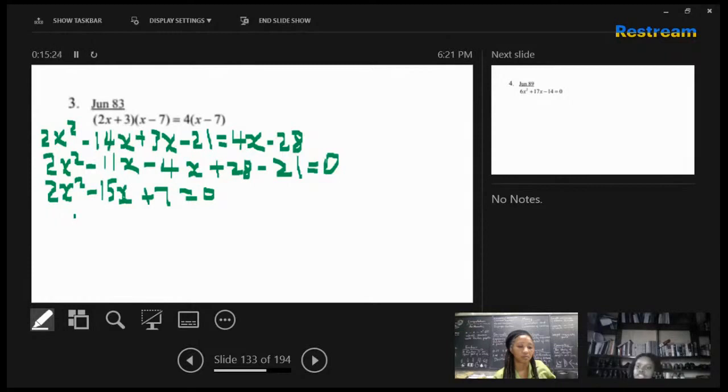So we're going to multiply 2 and positive 7 and find two factors of 14 that add to give negative 15x. So that would be negative 14 and negative 1. So now we're going to put those into the equation. So 2x squared minus 14x minus x plus 7 equals 0.